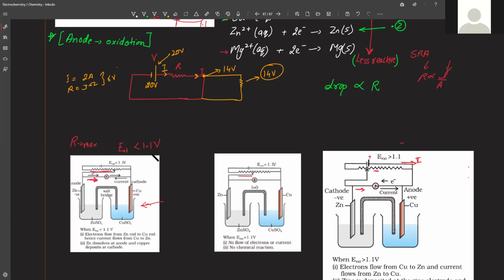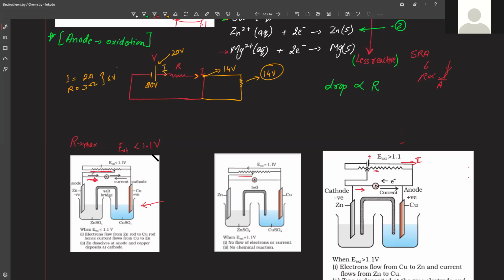And that's why the direction of the current will be the original direction of the current, right? And how do we observe all these things? That is also mentioned here. That means the direction of the current will be from copper to zinc as usual, as we have seen above.